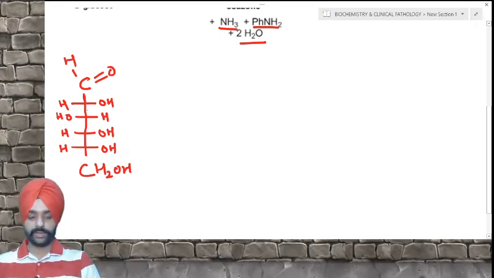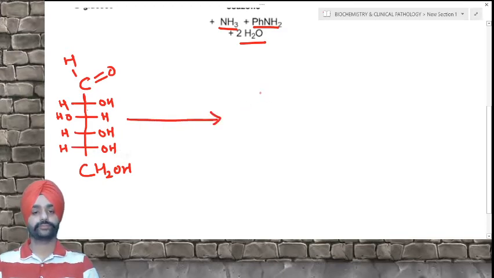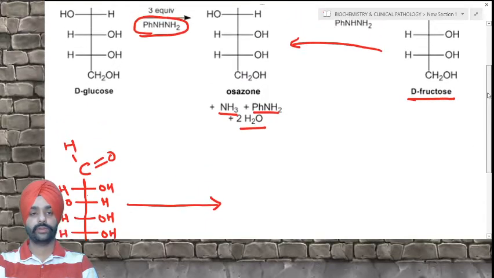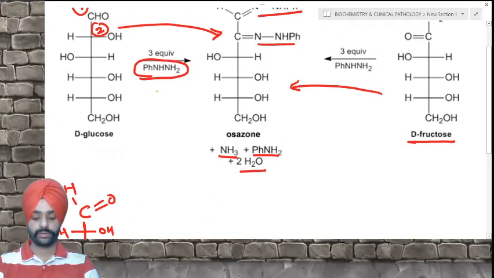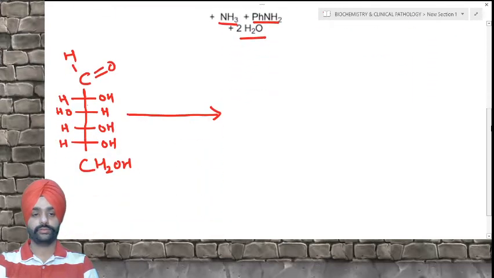Now glucose in the presence of phenylhydrazine. What is the structure of phenylhydrazine? Here you can see phenylhydrazine is written as phenyl and then two nitrogens. So let us draw the structure of phenylhydrazine.